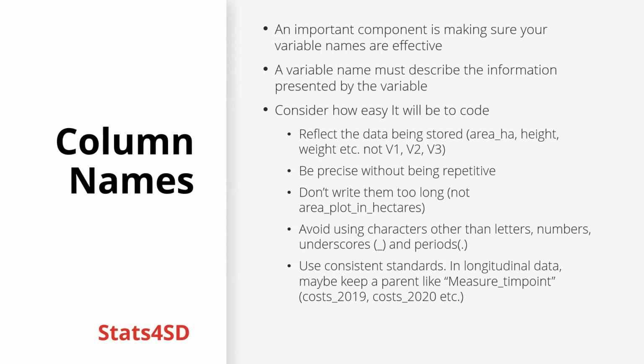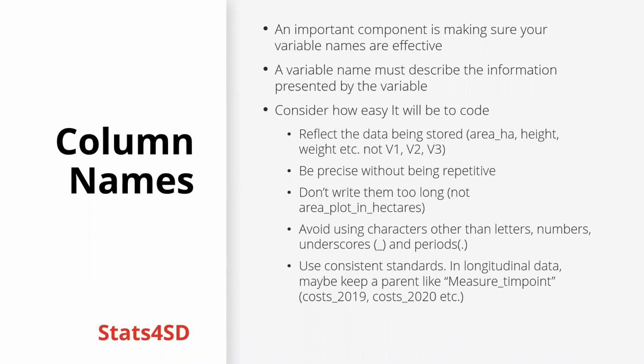But you also want to be quite precise about it, but not too repetitive. You don't want to keep including the same information in the title. So for example, if you have a data table and it is all plot level information, and you have a variable describing the area of each individual plot, it would probably be more useful just to call that column area, because you know all the data in that table is about the plot.